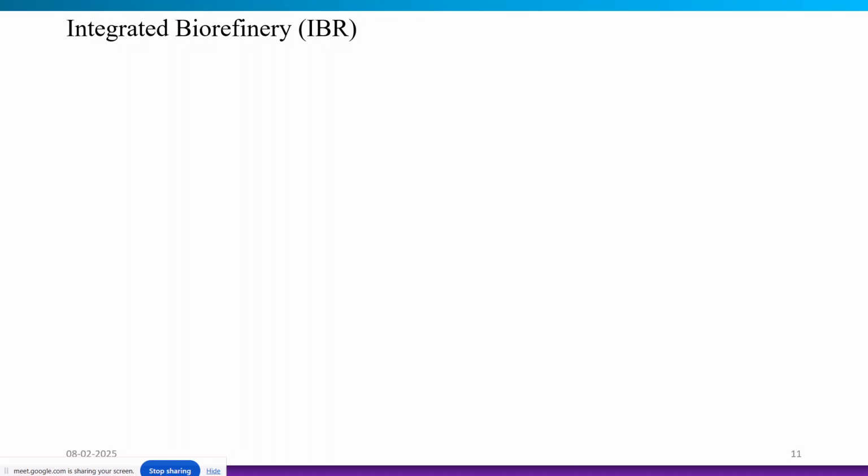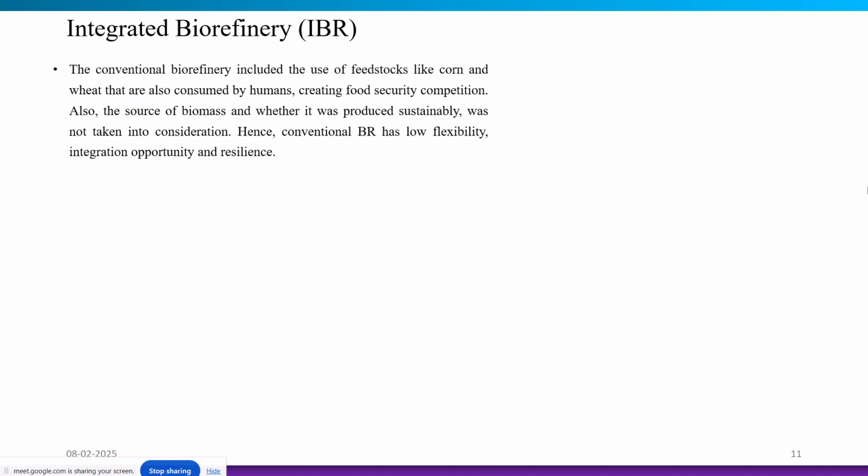So now we are going to discuss the integrated biorefinery concept. The conventional biorefinery used feedstocks like corn or wheat. Those are highly consumed by humans, creating food security competition as well.